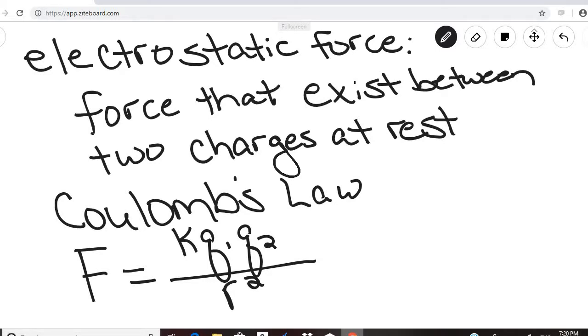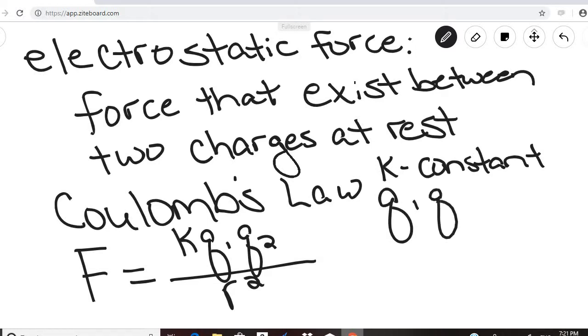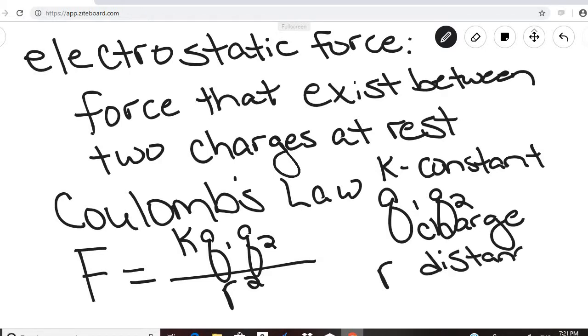K is a constant, which we'll see in just a moment. Q1 and Q2 are the amount of charge on the two particles, and R, as we've seen before, is the distance between the two charges.